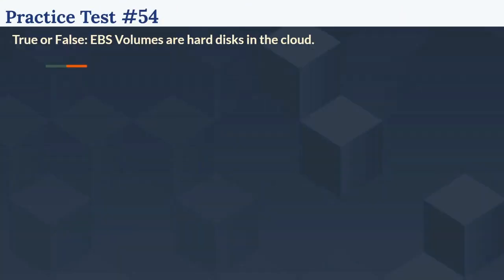So the 54th question is true or false? AWS volumes are hard disks in the cloud. So the options are option A true, option B false. Please select your answer in the next 5 seconds. 5, 4, 3, 2, 1.